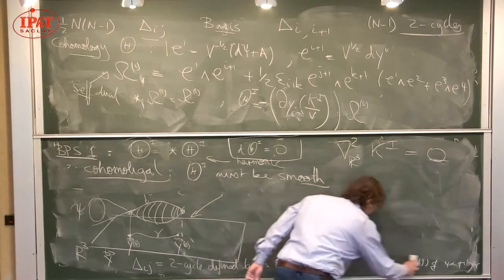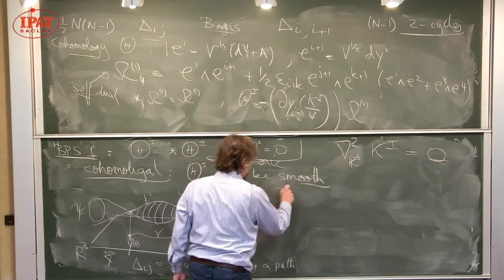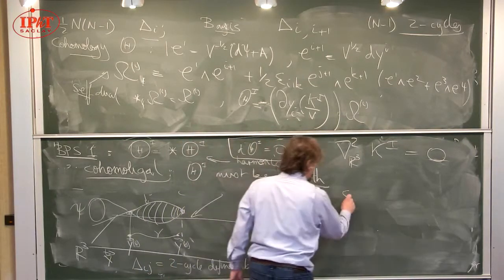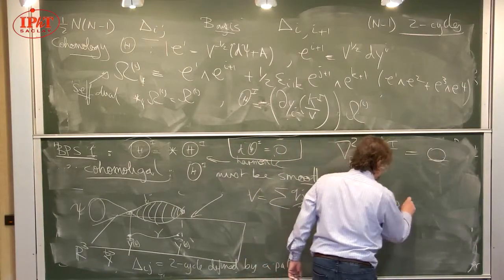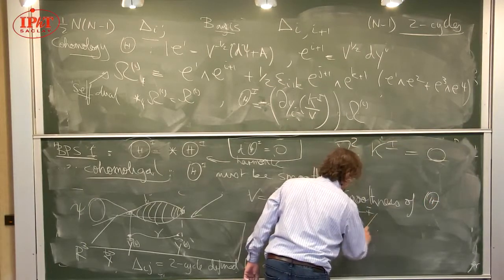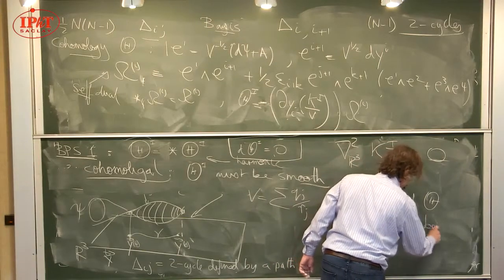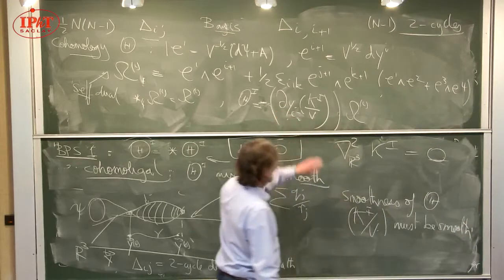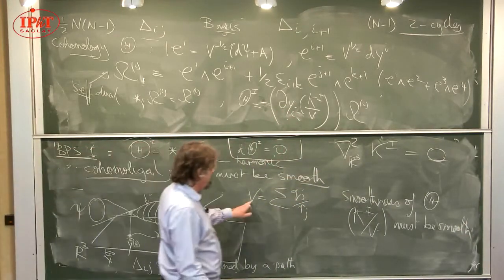Now how do you make it smooth? What you should remember is that v is equal to the sum of q_j over r_j. And smoothness of theta means that k^i over v must be smooth. If this is smooth, theta's smooth, and you're done. But how do you make k^i smooth? Well, these things can blow up at points.